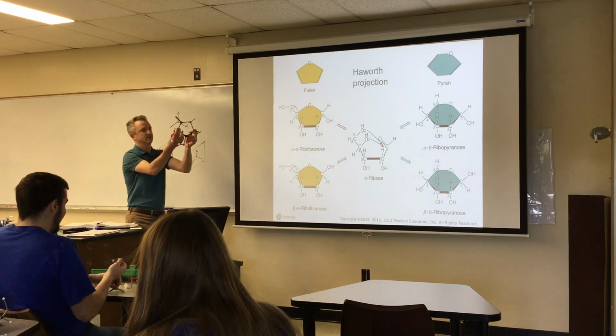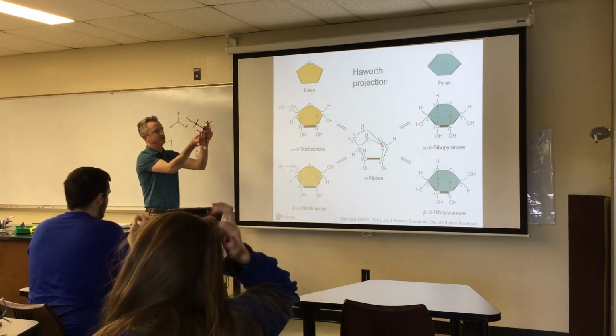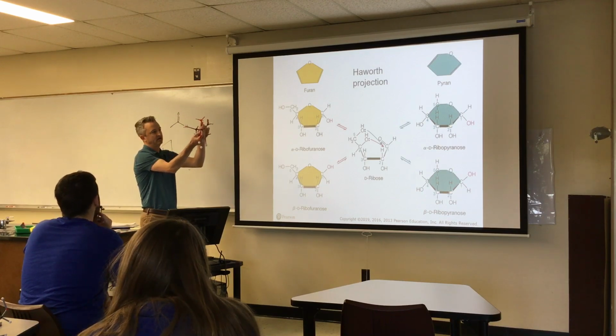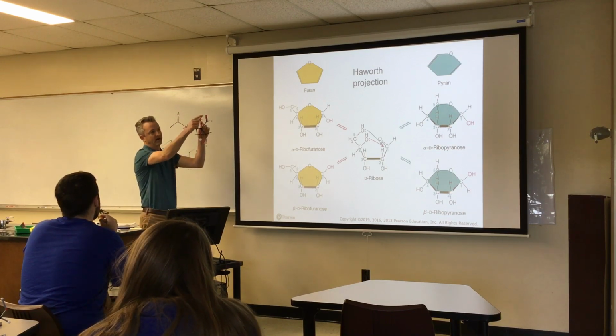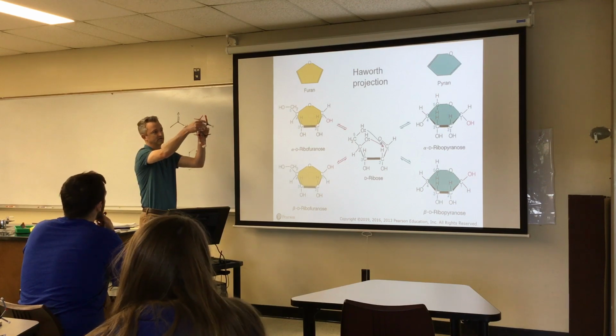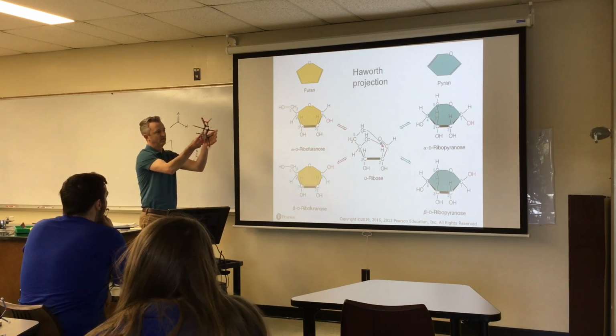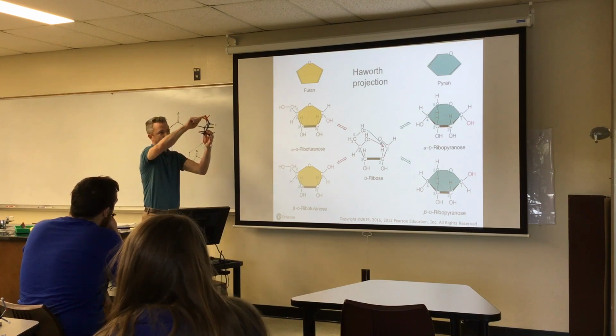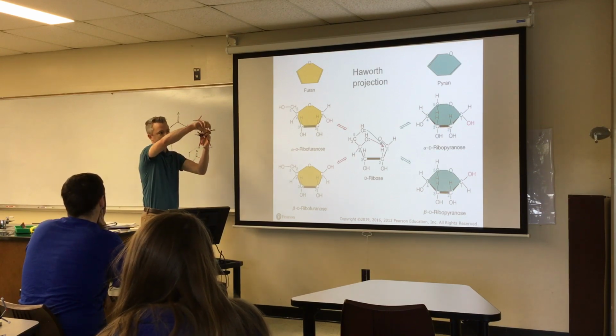So, there it is. There's the oxygen that's doing the attacking, and there's the aldehyde, right there. Megan was saying, when it's apart, you have free bond rotation about the aldehyde.